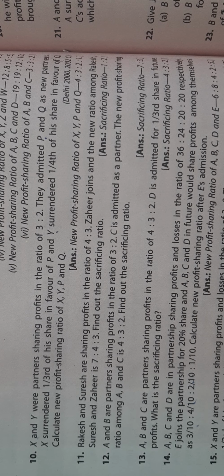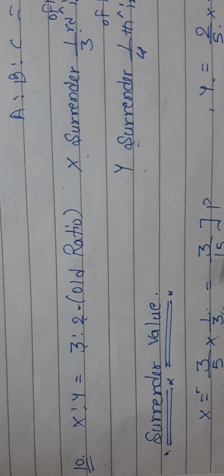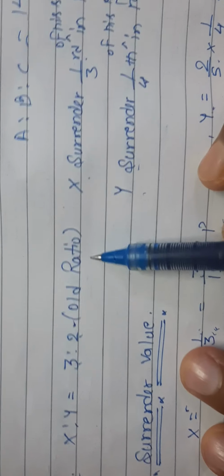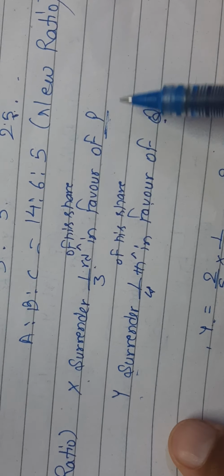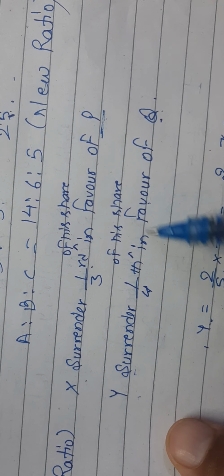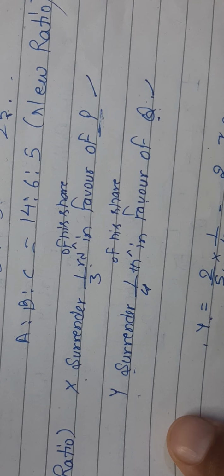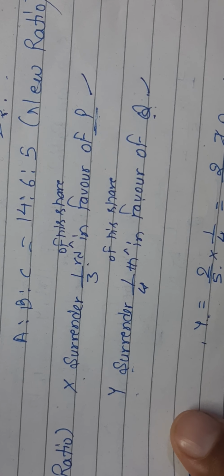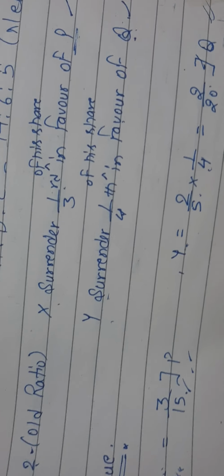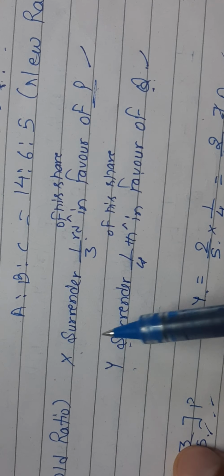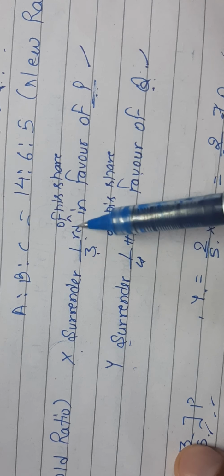So how will you calculate it? Have a look, here it is solved. X and Y are the partners, 3:2 is the old ratio. X surrenders 1/3 of his share in favor of P. Y surrenders 1/4 of his share in favor of Q. These are the shares which are given by X and Y to P and Q. So we have to calculate how much share X gives to P. What is mentioned: 1/3 of his share.